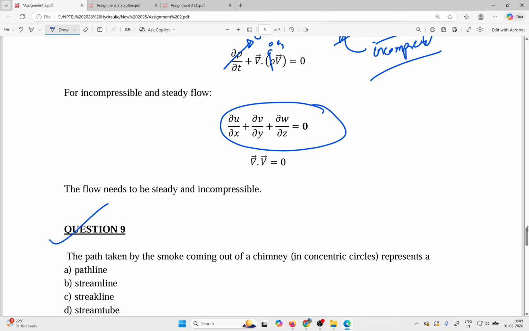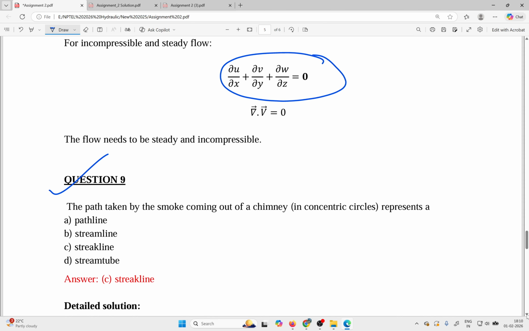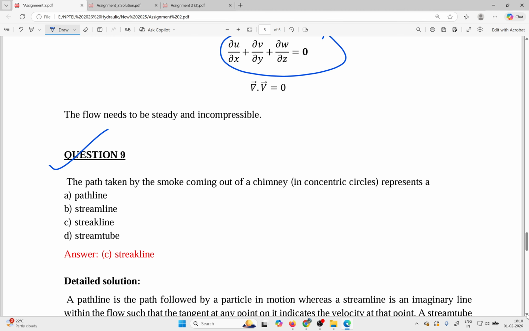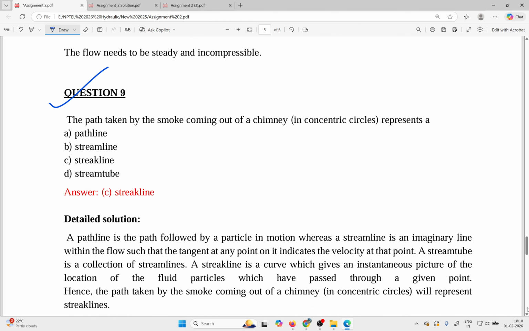So I'll just show you the direct answer. Option C will be correct for this, the streak line. And what is a streak line? In the detailed solution we will read: a path line is the path followed by a particle in motion, whereas a streamline is an imaginary line within the flow such that the tangent at any point on it indicates the velocity at that point.